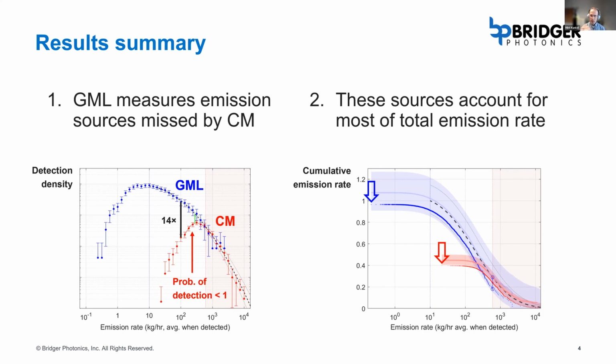If we read the very top of those curves, what we've done here is just added up every emission rate times its persistence, or rather its density as observed in the field, and summed them all up from largest to smallest. What we're seeing at the top of the curves is the total cumulative emission rate detected by both of those campaigns. We see that GML is detecting more than twice as much as Carbon Mapper.